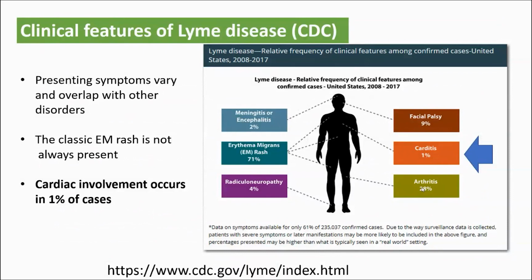This chart shows the relative frequency of clinical features among confirmed cases in the United States from 2008 to 2017. 2% have meningitis, 71% have EM rash, 4% have neuropathy, 9% have facial palsy, 1% have carditis, and 28% have arthritis.